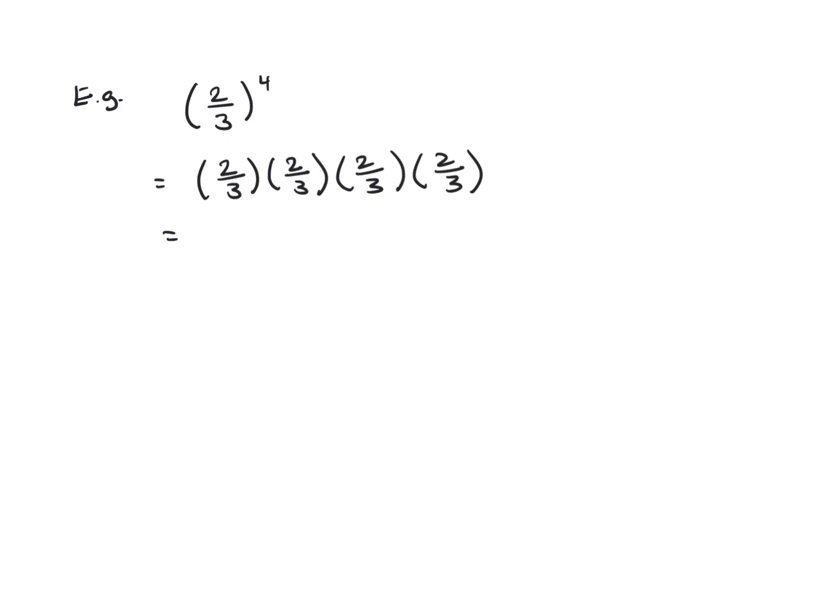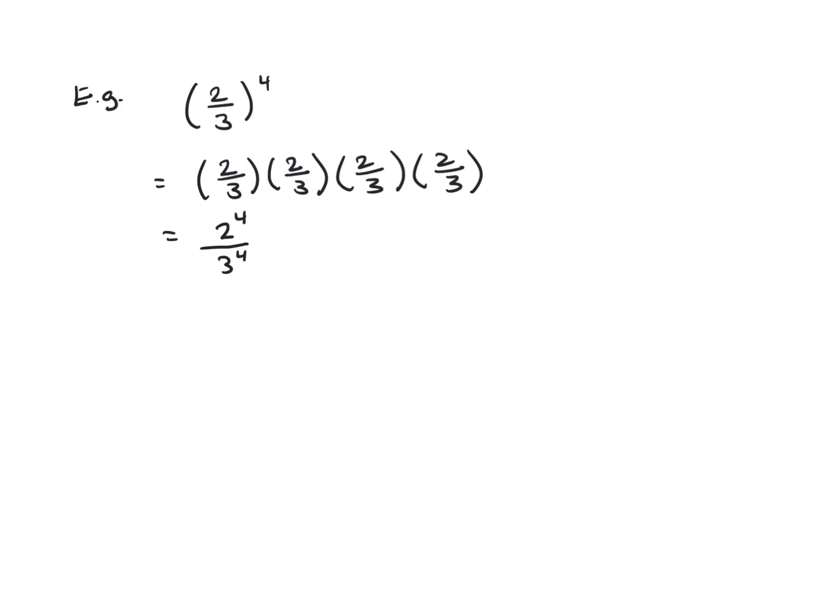So when you multiply all 4 numerators together, hopefully you'll see that's 2 times 2 times 2 times 2. How do we write 2 times 2 times 2 times 2? We write it as 2 to the exponent 4. And then in the denominator, all of them multiplied together is 3 times 3 times 3 times 3. And that's 3 to the exponent of 4.